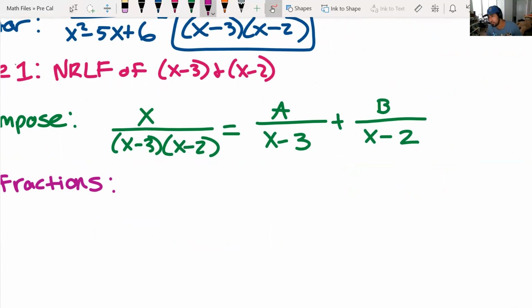Well, secret hint: your common denominator is always the denominator on the left side. Always, always, always. That makes life easy. So what we're going to do is take the common denominator of x minus 3 times x minus 2 and multiply it to both sides of the equation.